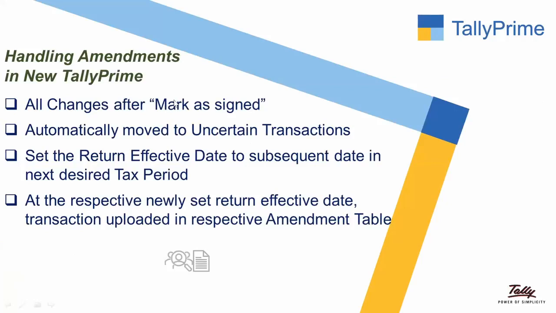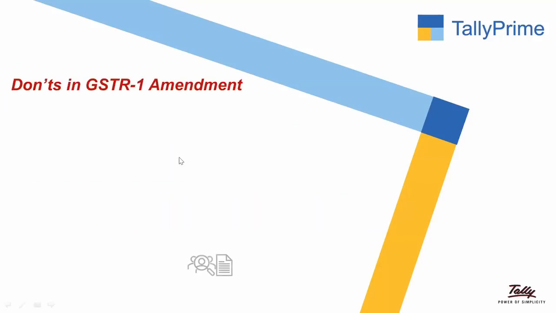After that, you have to mark it as signed. Okay. All activities after marking it as signed will automatically trigger you to the uncertain transactions. In the uncertain transactions, we have to go and set the effective date of return. Effective date of return. Okay.